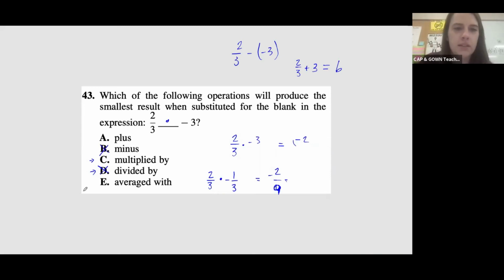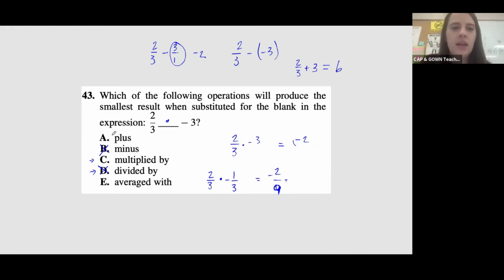So not my answer. And then 2/3 plus negative 3 is really minus that 3/1. And all I know is that since this 3 is bigger, it's going to end up being negative 2 something or negative 1 something.